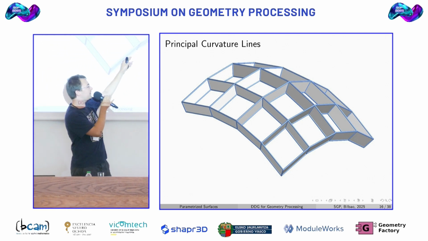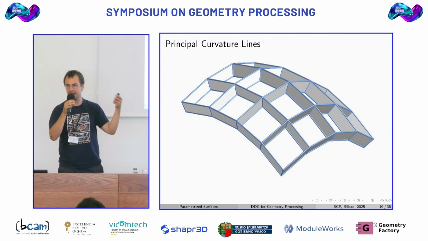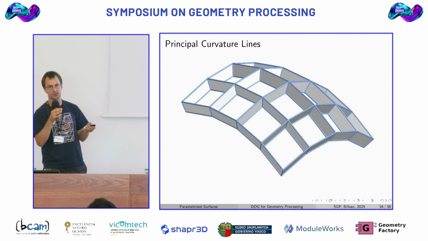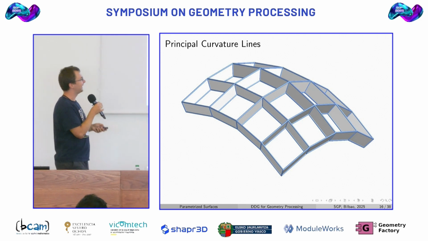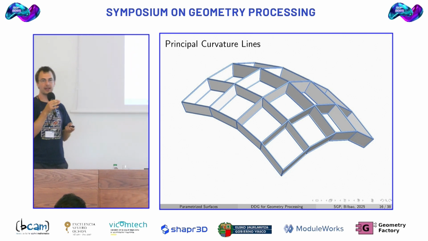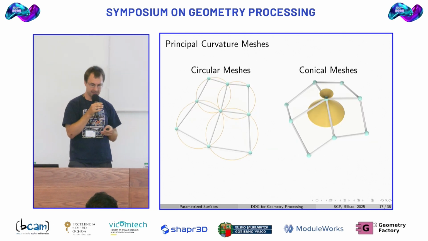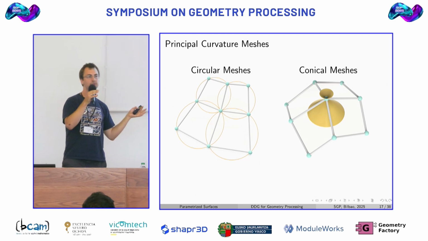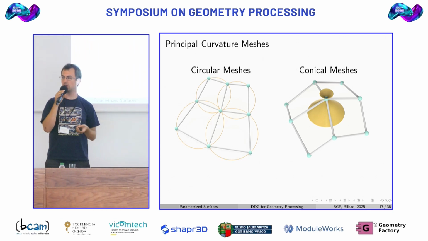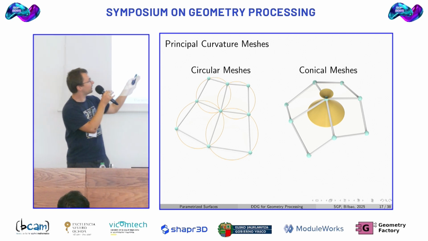The normals lie in the same plane. This is exactly something that we can get if we use a principal curvature parametrization of our surface. And it can also be realized at a discrete level, and it is probably best captured by these two discrete versions of principal curvature lines, circular meshes or conical meshes.